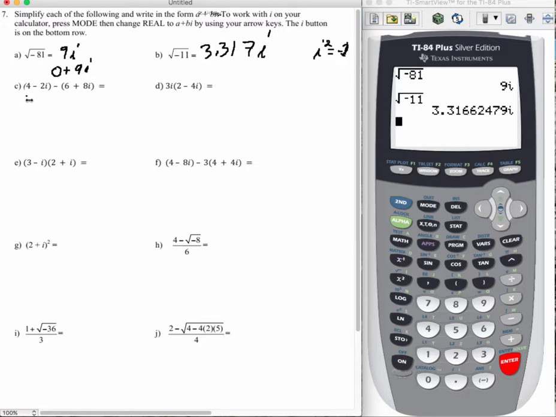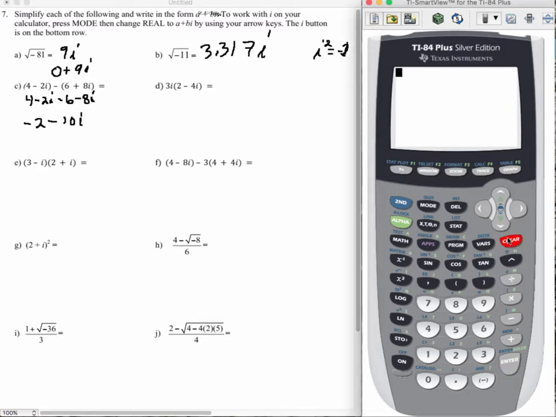So for example here, this is 4 minus 2i minus (6 plus 8i). All we have to do is think about collecting like terms. That gets me -2, taking my real parts, the 4 and the -6, minus 10i. In other words, I add the real parts and I add the imaginary parts together, and by Jove, we get the same number.